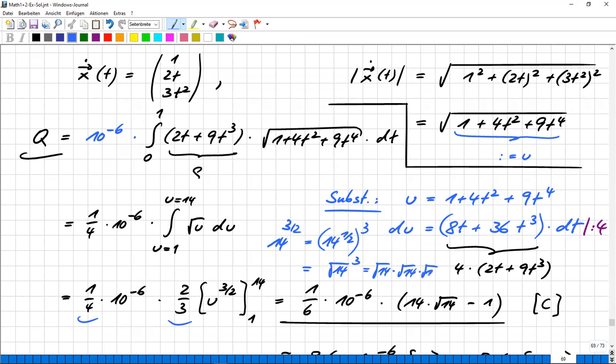And these can be put together to be a factor of 14 times the square root of 14. I'm sorry, there are different ways to reach this form. You don't need to use it, but it's the most compact, I think, or prettiest way of writing it down.